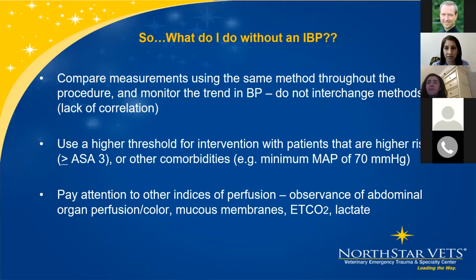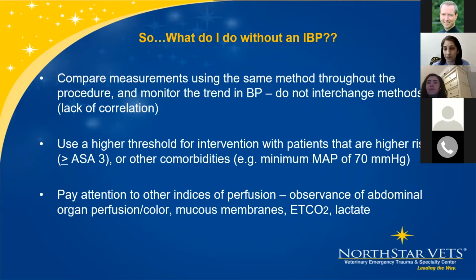So sometimes we do have to look a little bit more globally at the patient and say, if there's an open laparotomy, have a look at the abdominal organs. Do they look pink? Do they look perfused? Those mesenteric arteries sometimes are a great visual indication of that; they pulse away, so sometimes you get a great look that the GI tract is being well perfused.